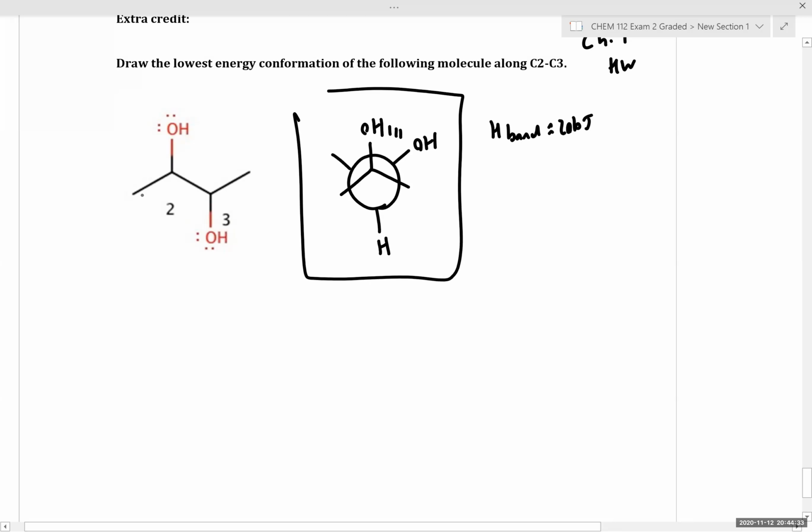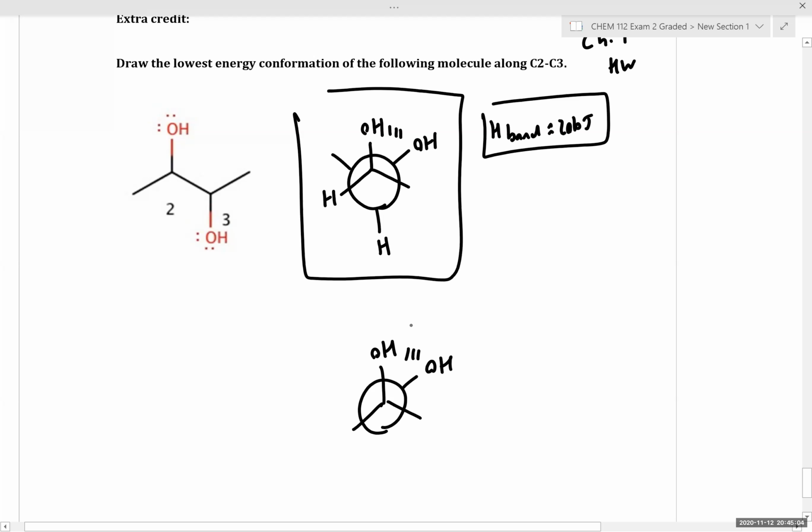Okay, so the gimmick for this question is that a hydrogen bond is about 20 kilojoules. So it overwhelmingly beats out any penalty from gauche interactions. So essentially the majority of points were given if you have your two alcohols positioned so that they're gauche to each other and that they can hydrogen bond.